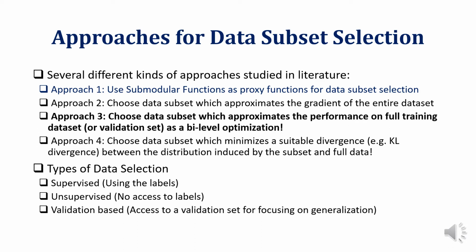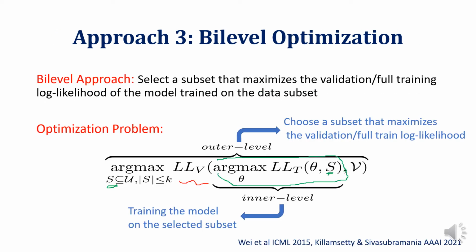So we move on to this third approach, where the goal is to choose a data subset that approximates the performance of the full training data set, or possibly the validation set, as a bi-level optimization. So here's the bi-level optimization. You are measuring the loss on the validation set, estimating parameters theta on the training set.